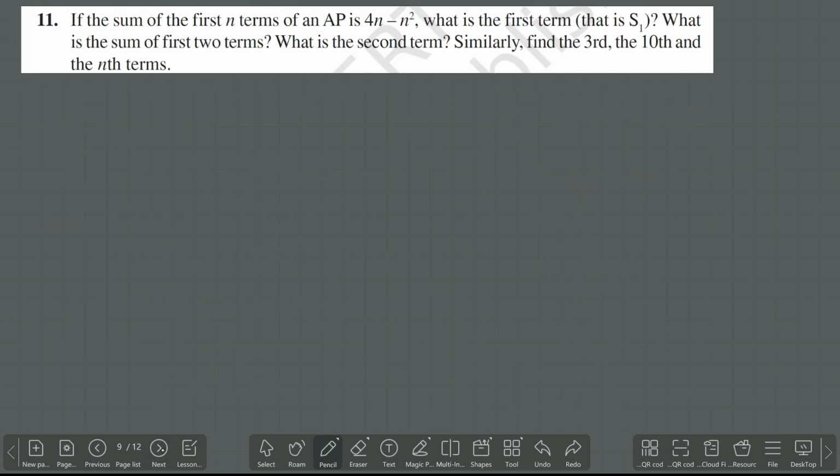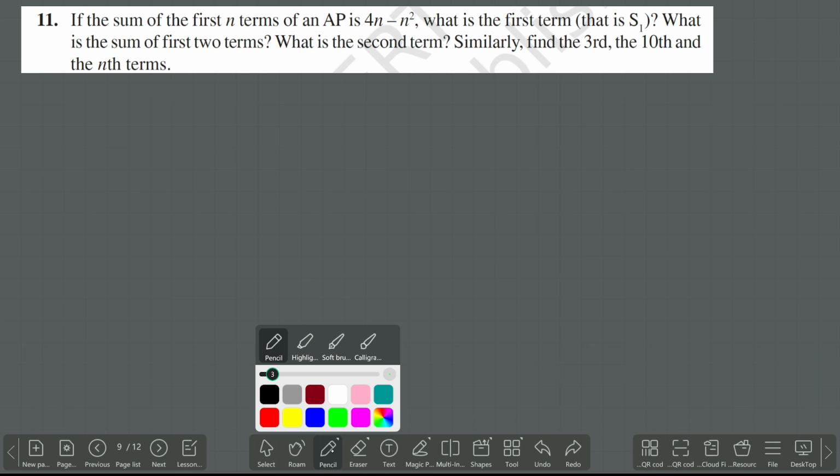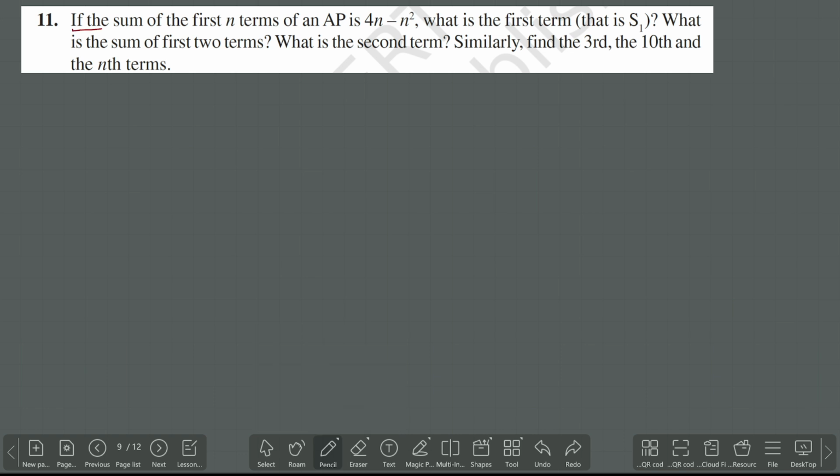The 11th one. What does the 11th say? If the sum of the first n terms, Sn, of an AP is given as 4n minus n square. It's important. They may ask in this case also.